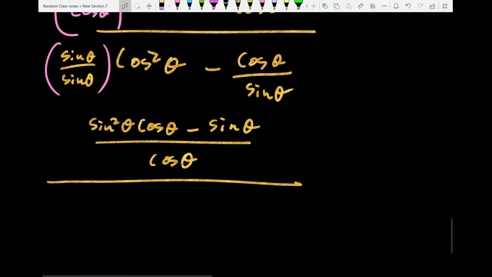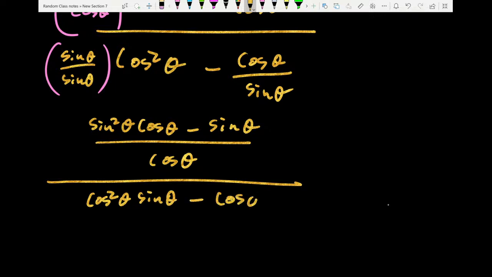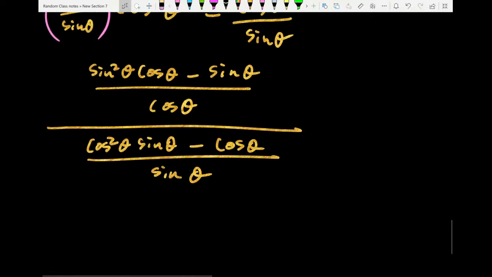I get cosine square of theta, sine of theta minus cosine of theta over sine of theta. And this means division, right?